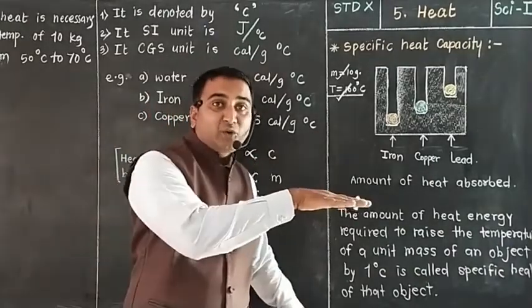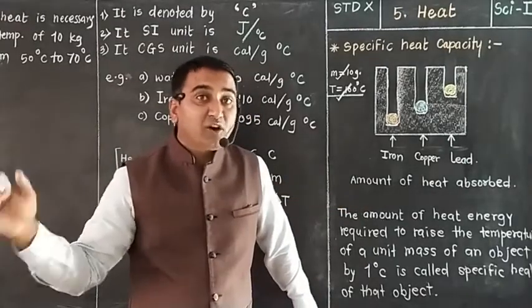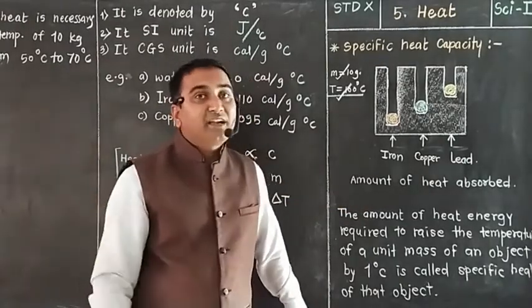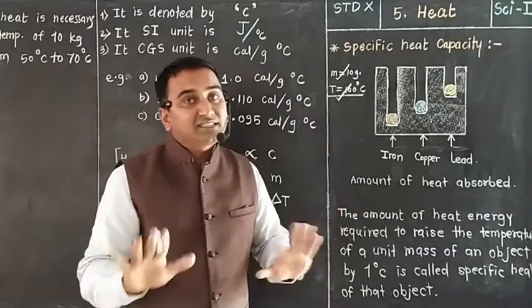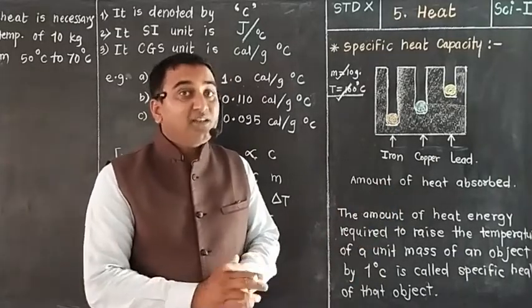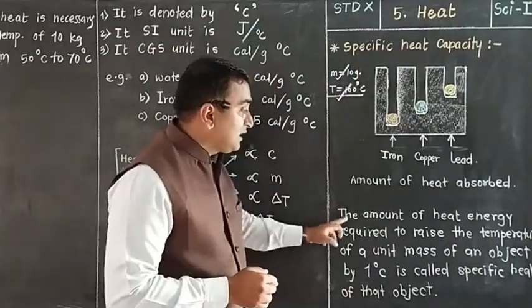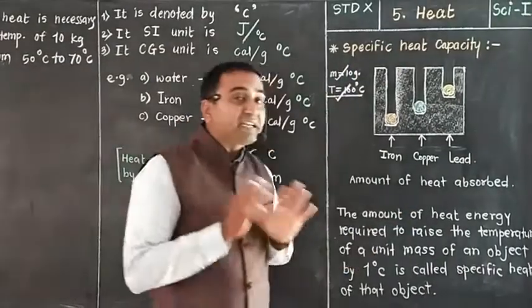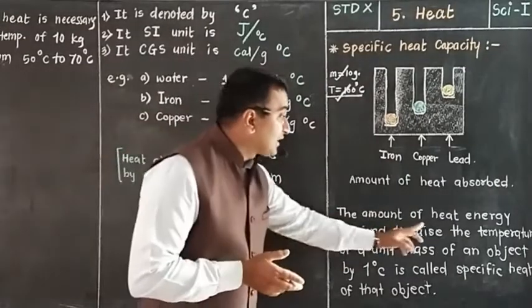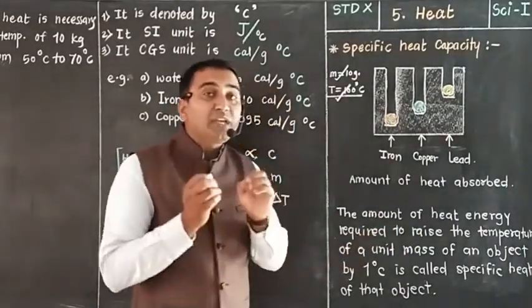Or if we consider different objects at the same temperature, definitely the heat absorption is different. Then what is specific heat capacity? See here, the amount of heat energy required to raise the temperature of a unit mass.